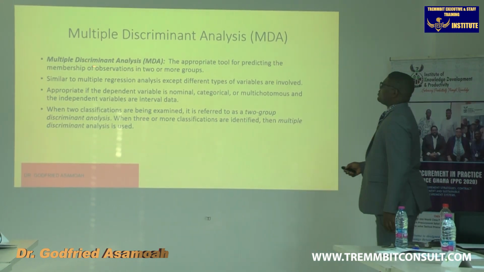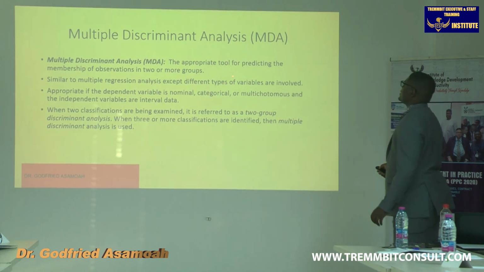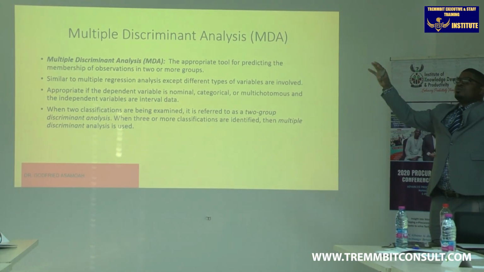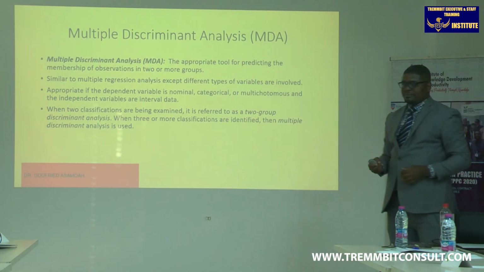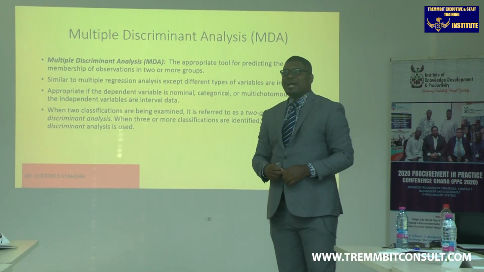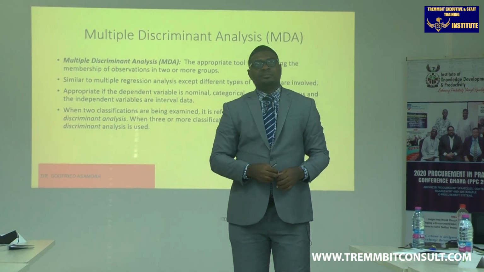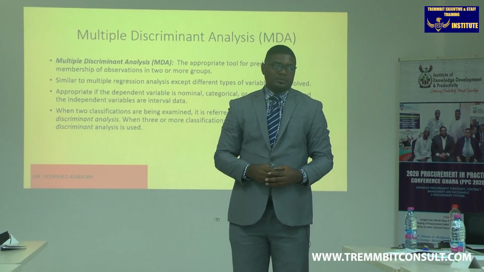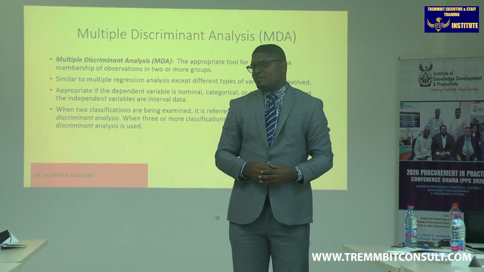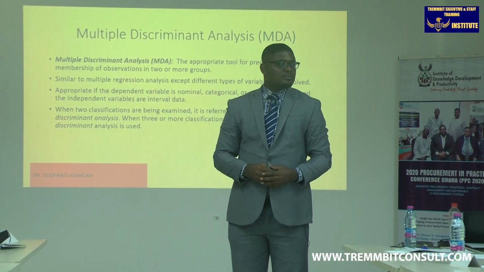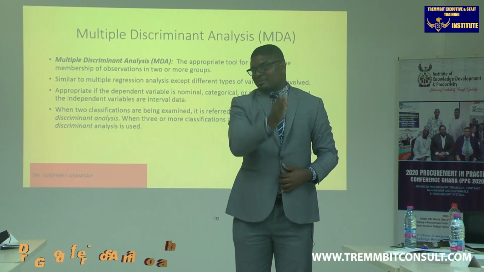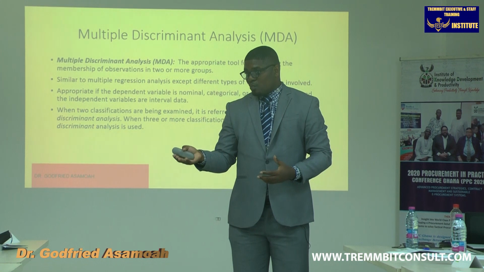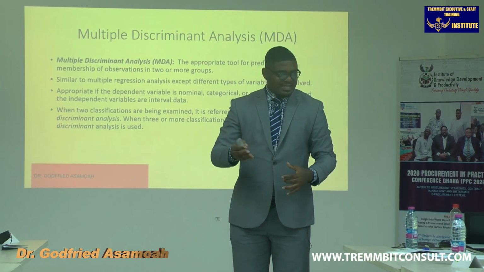So multiple discriminant analysis, you can use it to predict when, let's say, you have two groups. If you take a bank, you want to predict the likelihood that people are going to default in the payment of their loans or not, according to certain characteristics that you have about them, maybe their age, their creditworthiness, gender, other things.